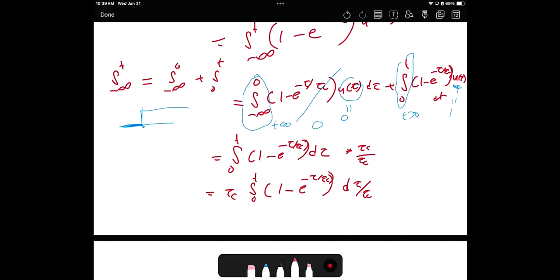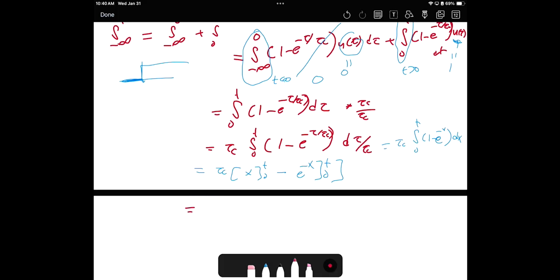So this will be tau c times the integral from 0 to t of 1 e power negative x dx. So the answer will be tau c times, here x between 0 to t, minus e power negative x between 0 to t.